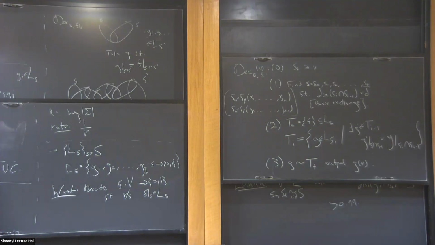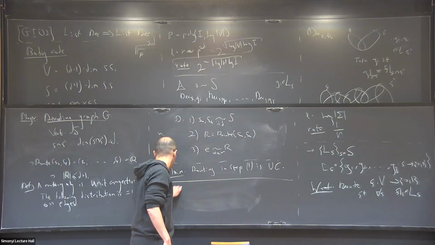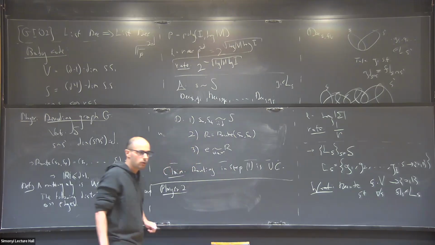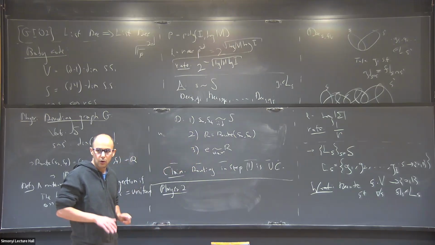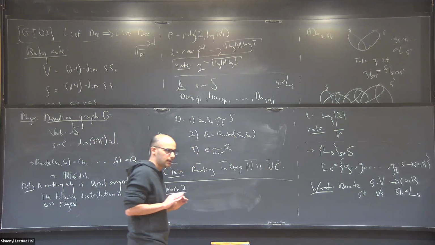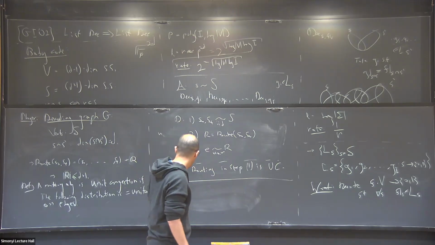Good. What's player 2 in my proof? It will be what we call the local graphs. So we also mentioned this last time, but I want to define them.